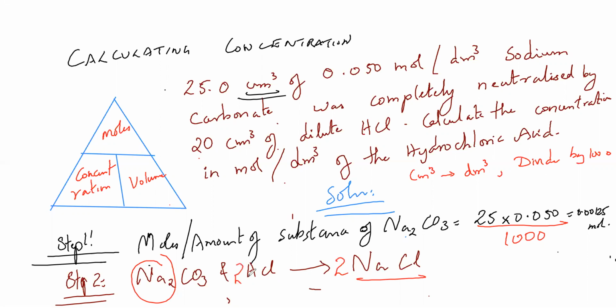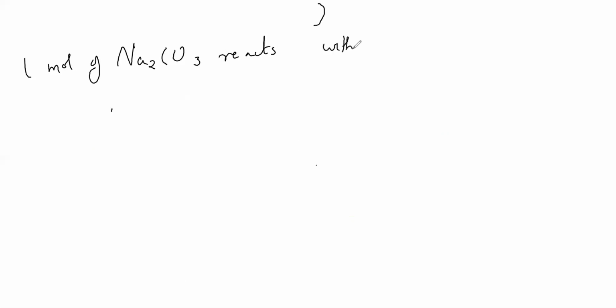So what we get from this step is nothing but 1 mole, in the sense amount of substance, that's it. 1 mole of sodium carbonate reacts with 2 mole of HCl.